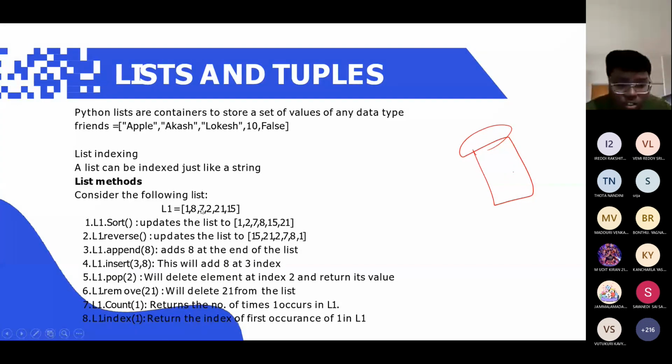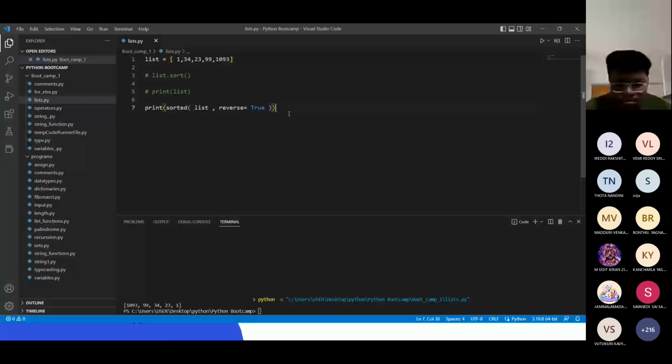The next very important function is dot append. Append is a function which is used to add a value at the end of the list. It can only add at the end of the list, not at a specified place. My list has 134, 23, 99, and 1093.